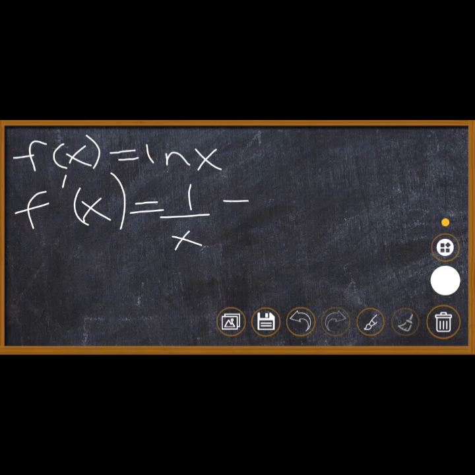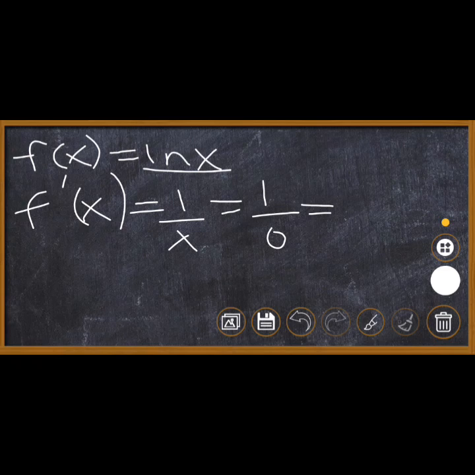So when you replace where there is x with 0, you are going to have 1 over 0. What are you going to have?